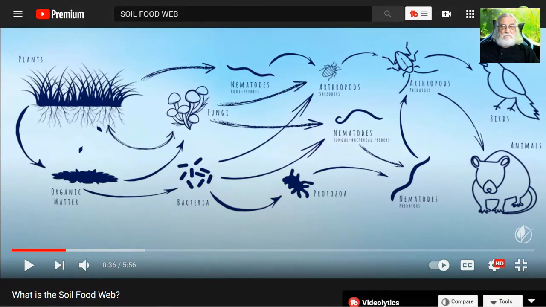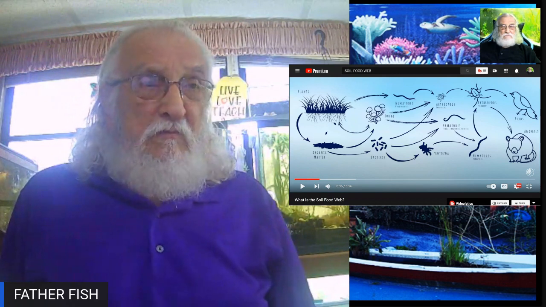So here's the idea. What we're talking about is creating a food web in your aquarium. A food web beginning with fungus and bacteria that feed two kingdoms.